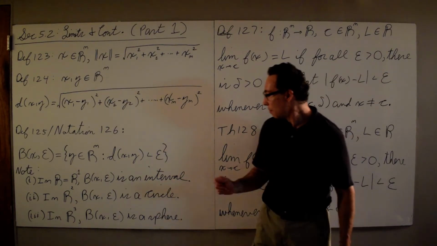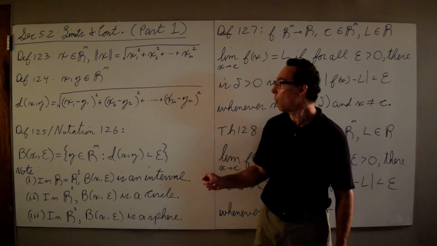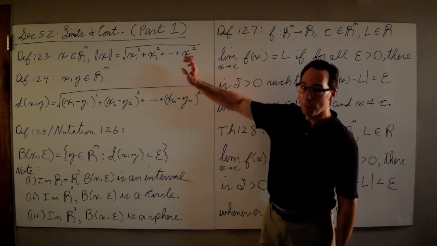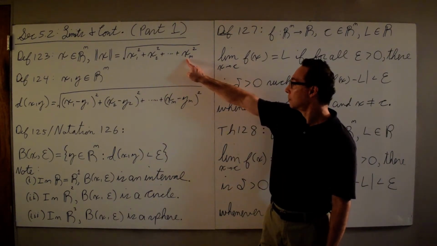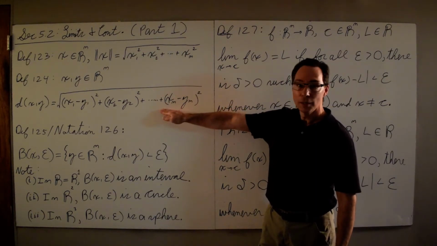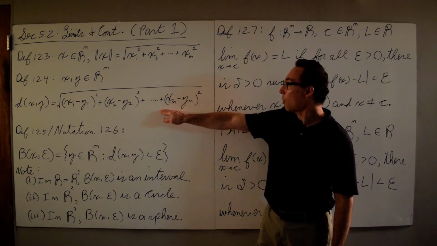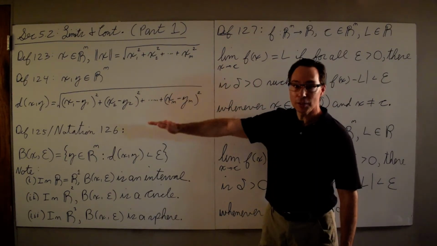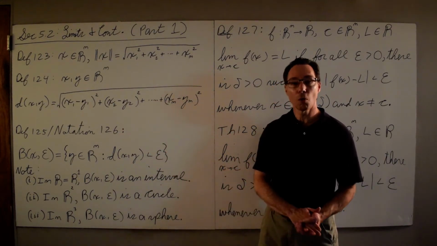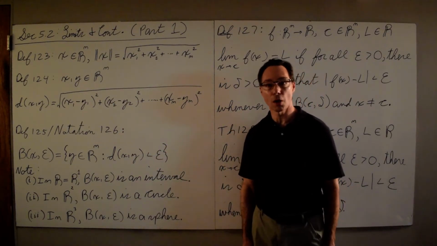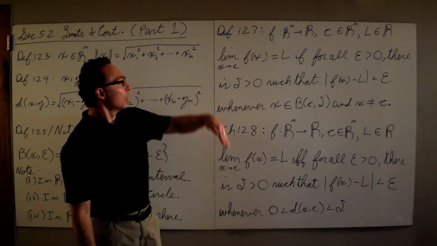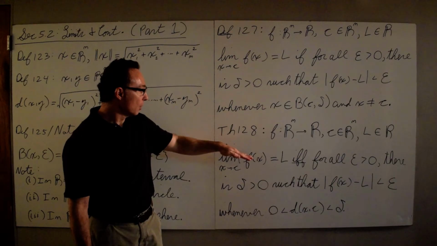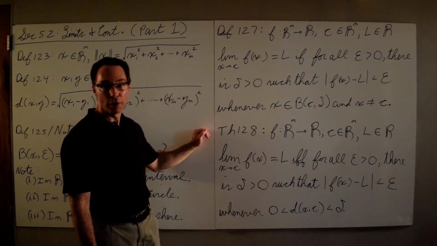If you think about R1, just some point on the real line, this is simply the absolute value of x minus y. So what we call distance here, if we apply this to R1, is the same thing we've been calling distance all along. That's a good thing to keep in mind when I give you the definition of limit, and this theorem is an equivalent definition.